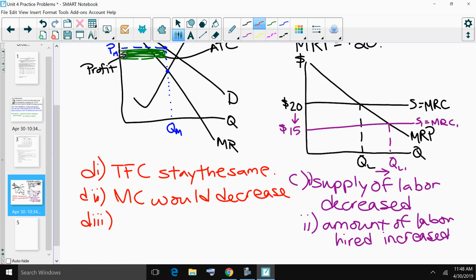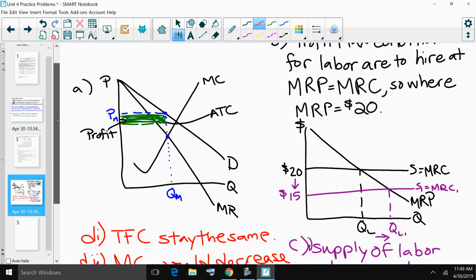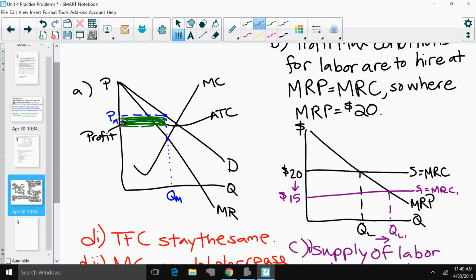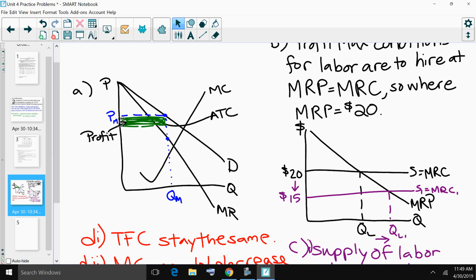All right, now finally, looking up here at our graph of the price of the product, okay, if our MC is going down, let's look up here. You do not have to show this on the graph, but I am going to graph it out for you to see, okay? If our marginal cost was to go down, actually, I think I can just drag it. Our marginal cost decreases. It would go down. All right, MR equals MC would go down.